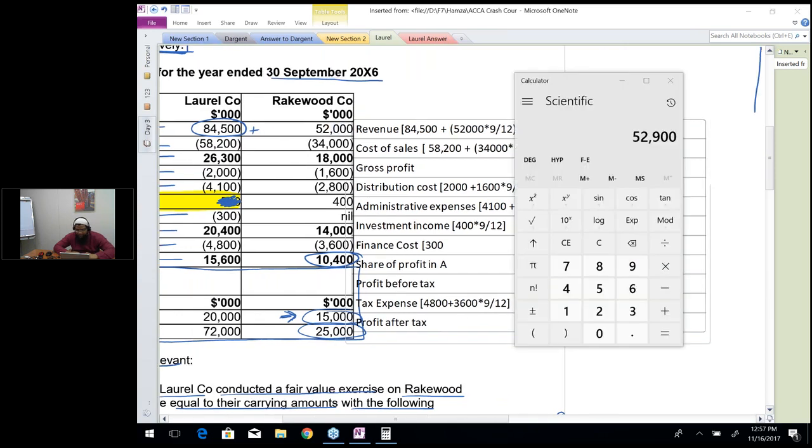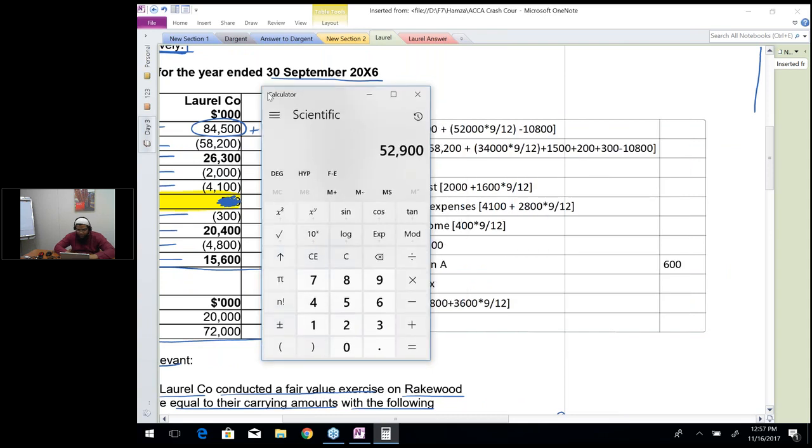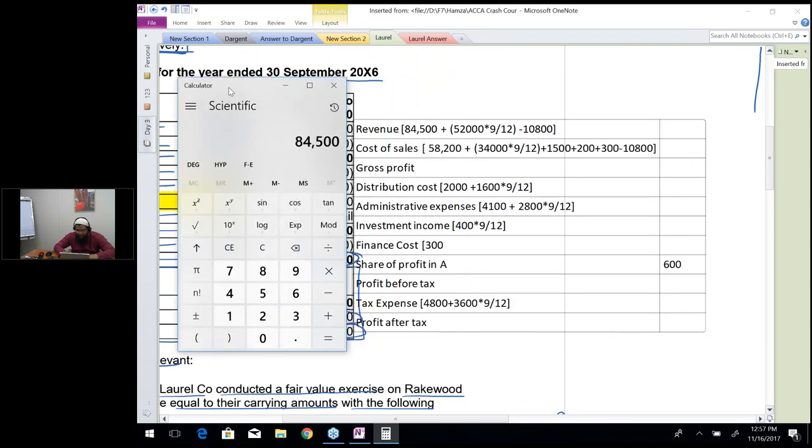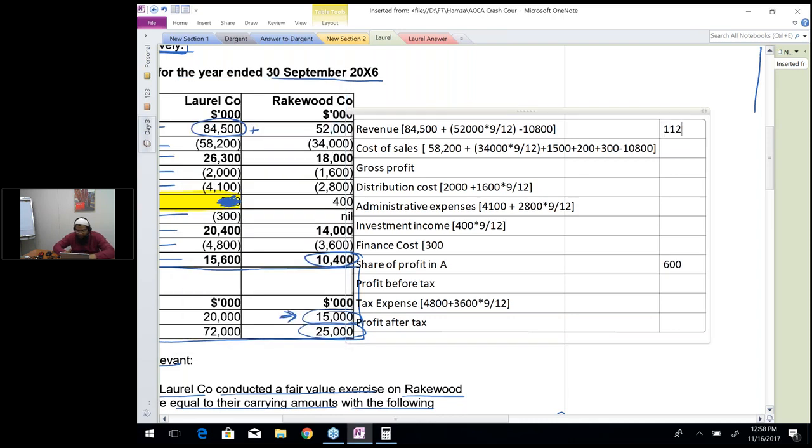So this is going to be 84,500 plus 52,000 into 9 by 12 minus 10,800. So this is going to be 112,700.